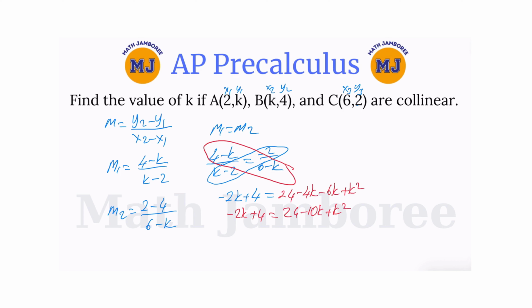So we can add everything on the same side. We'll just add 2k minus 4. So we have 0. On the right side, what do we have? k squared minus 8k plus 20.